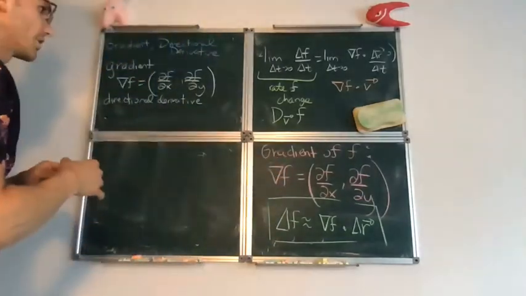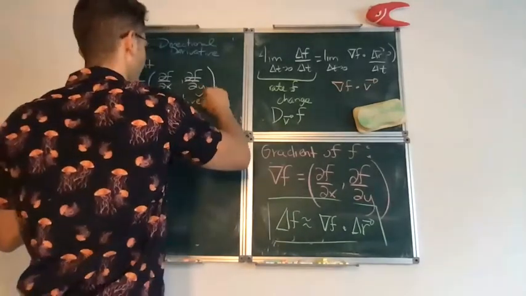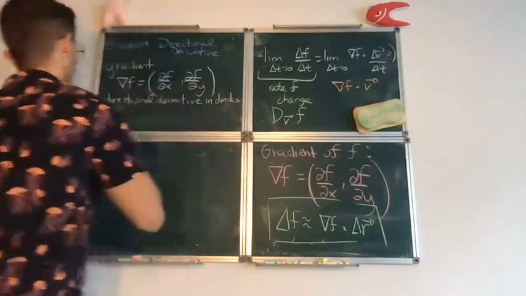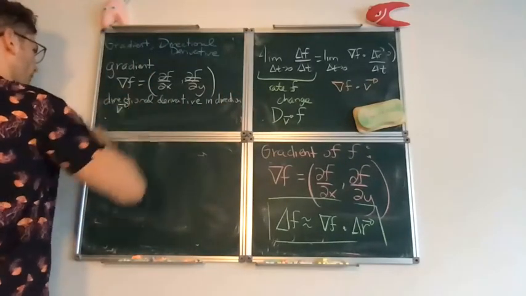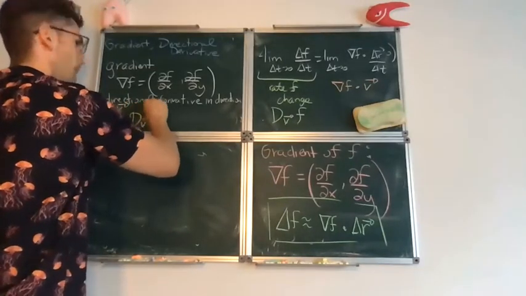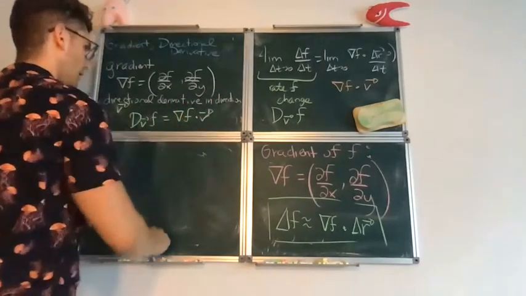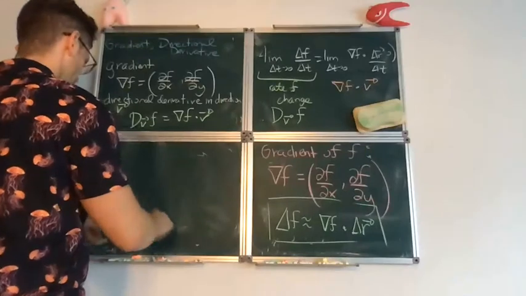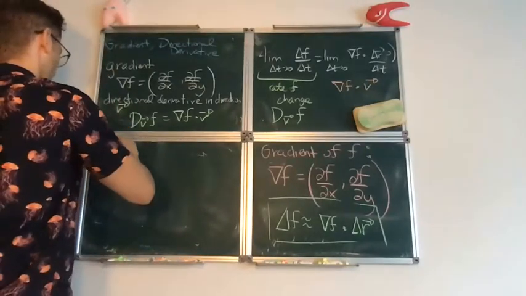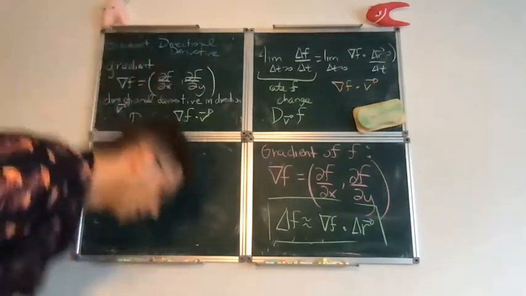So the directional derivative in direction v is just going to be, by definition, this formula. But the caveat is that we take v to be a unit vector.